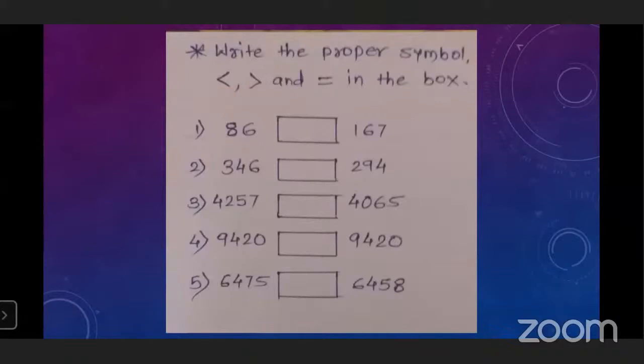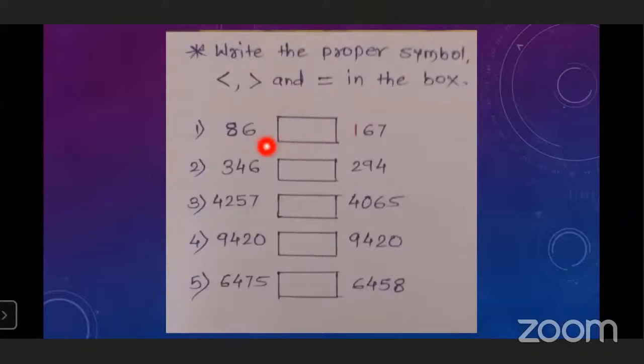So how do we find the bigger and smaller number? First of all we have to see the digits. The number that has more digits is the greater number.